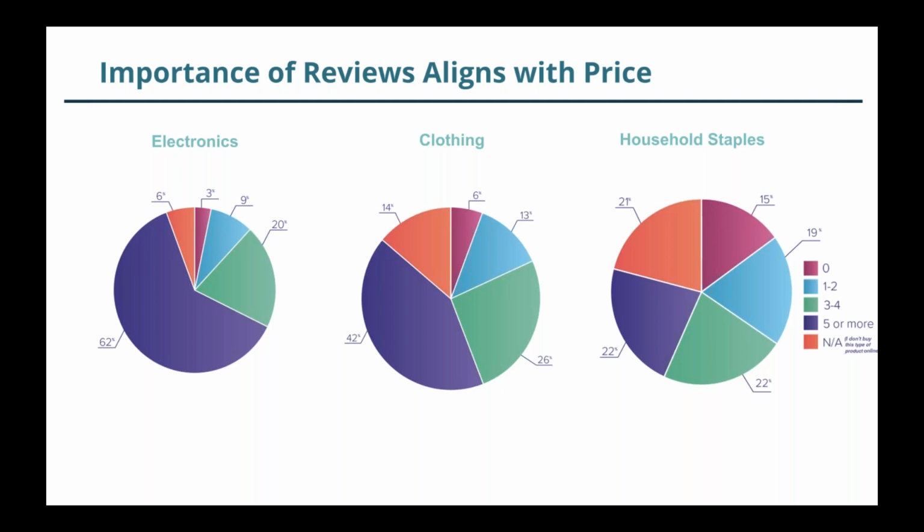When it comes to clothing, which is at a slightly higher price point, you'll see a high percentage of people want more than 3 product reviews. When you get into higher priced categories like electronics, consumers really want to see more reviews. So here we're saying 62% of consumers want 5 or more product reviews in order to feel confident that they are making the right product selection.